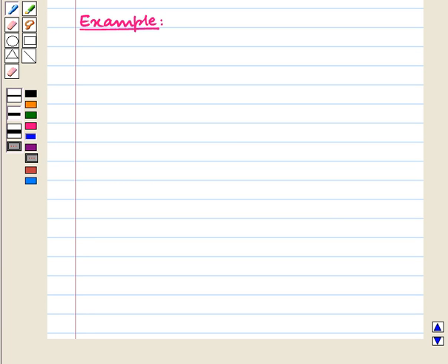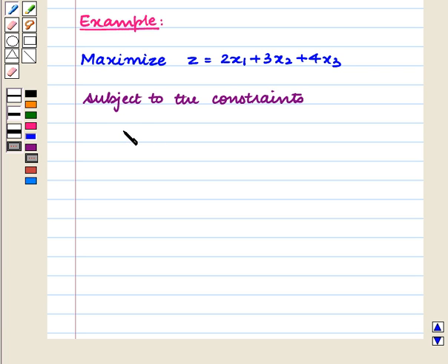For example, our problem is maximize z equal to 2x1 plus 3x2 plus 4x3 subject to the constraints 3x1 plus 4x2 minus x3 less than equal to 5.